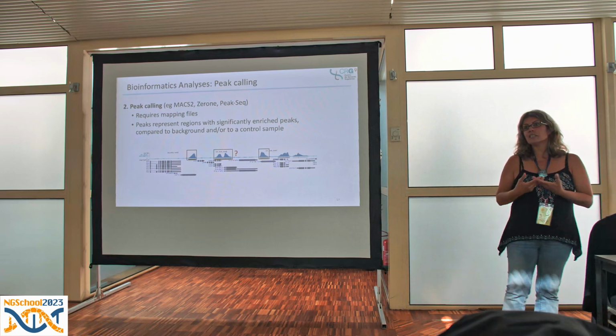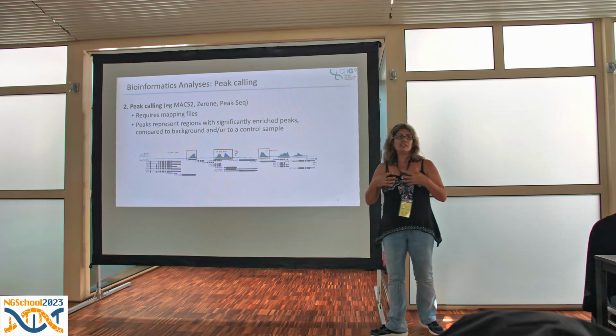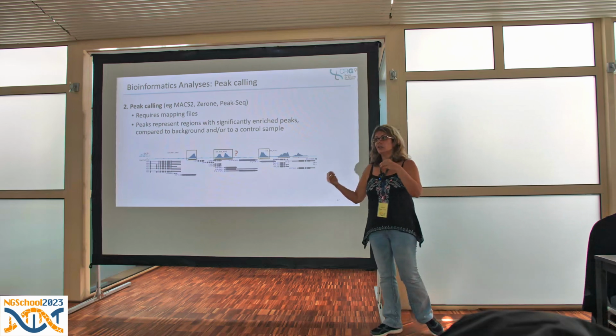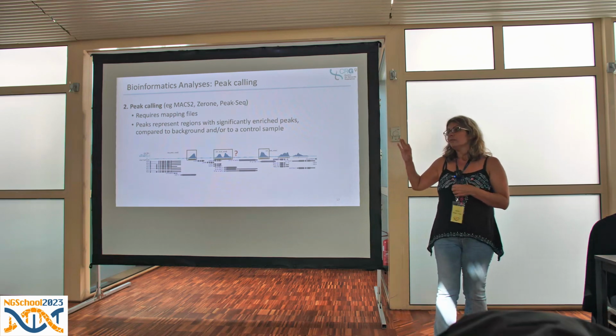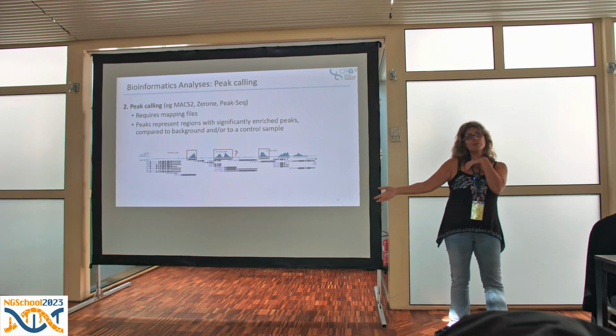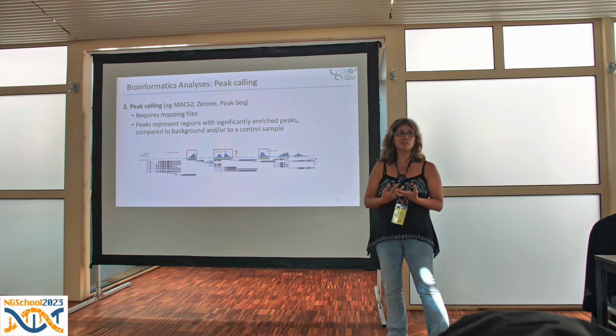ENCODE has also set up different metrics depending on the protein of interest and on the particular histone that you are checking. For instance, transcription factors are far more difficult to immunoprecipitate, so the tolerance for these metrics is slightly different.